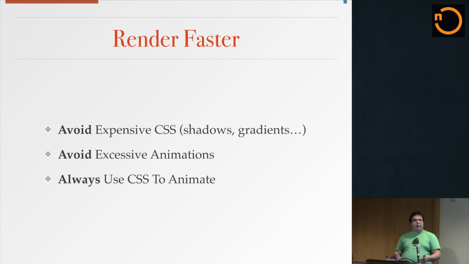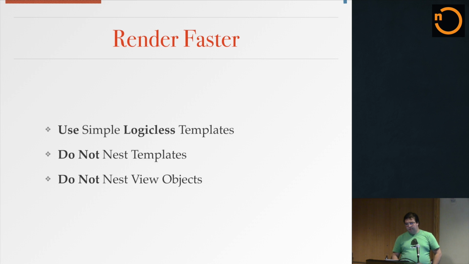But this is not a hard and fast fact. If a jQuery based animation works for you, then go ahead with it. But just test your assumptions, basically. CSS is generally faster than a script based animation.